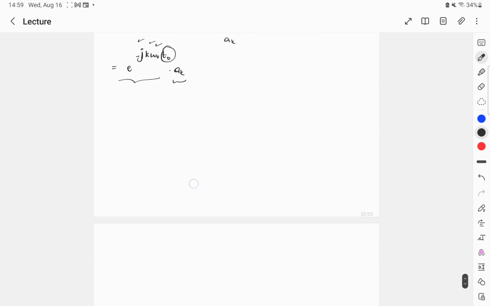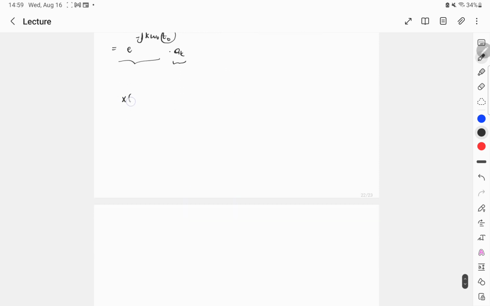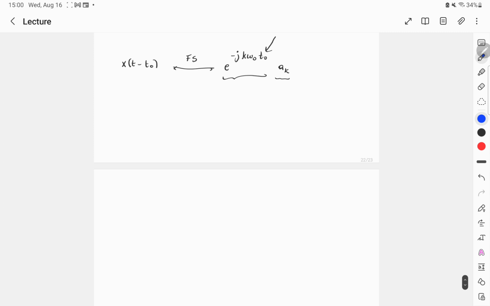So the takeaway from this example was, as we time shifted this signal, the Fourier series coefficient changes, and it is just multiplied by this value, and the coefficient remains the same. The only change was multiplying it with this value over here, not forgetting the time shifting value. Now let's move on to the next property, which is the third one, time reversal.